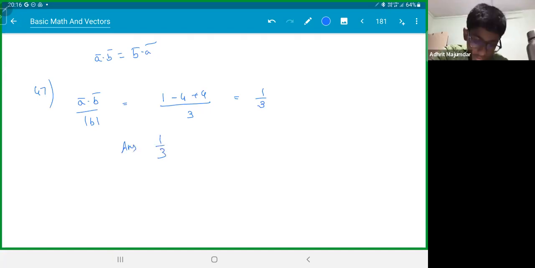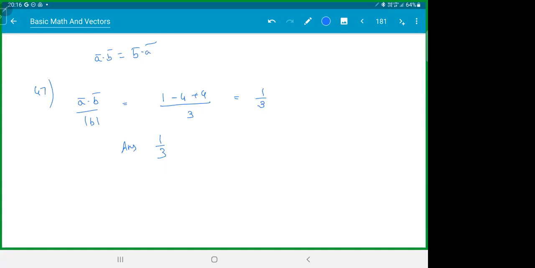Sir, 45. Magnitude of product in that? Two forces are equal, the square of the resultant is 3 times their product. Meaning you have two forces. Square of the resultant, meaning (F1 plus F2) squared, is 3 times F1 F2.